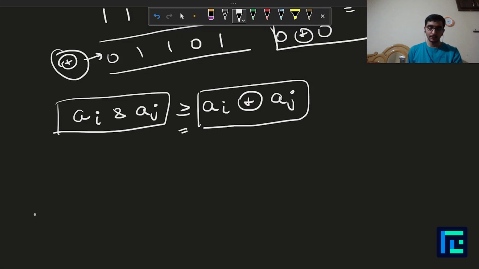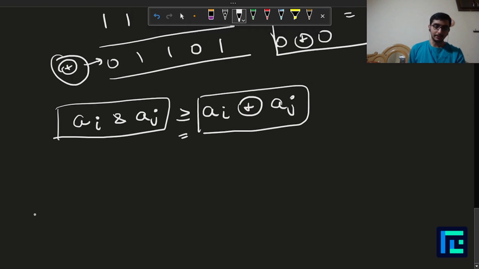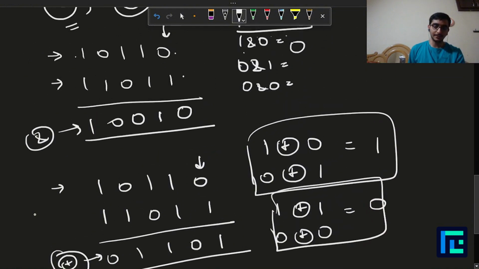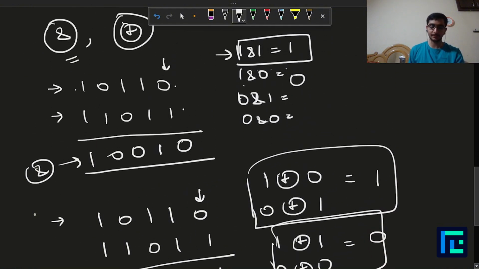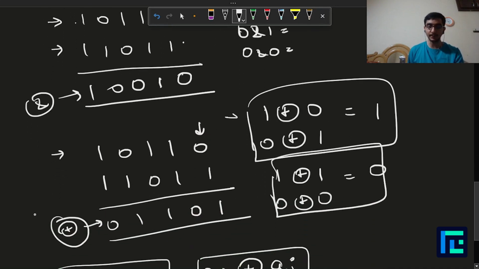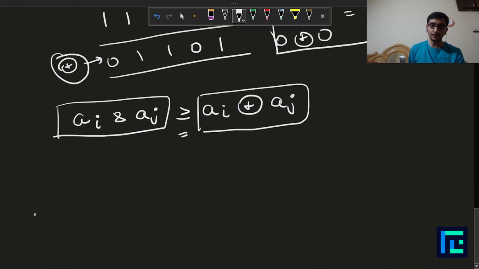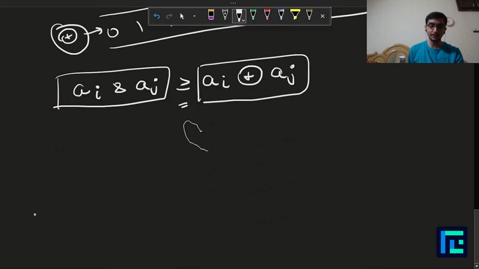Now, as discussed earlier, bitwise AND gives the value 1 only if both the bits are 1 at that position, and bitwise XOR gives the value 1 only if both the bits at that position are different. So let's use that property to our advantage to actually find out the case where this given condition would hold true.